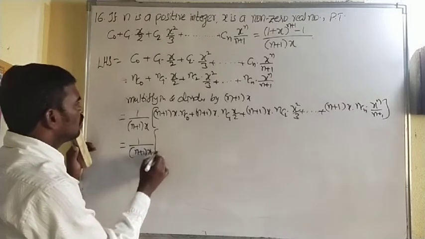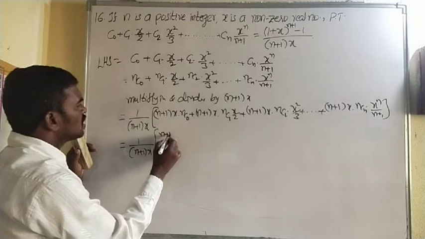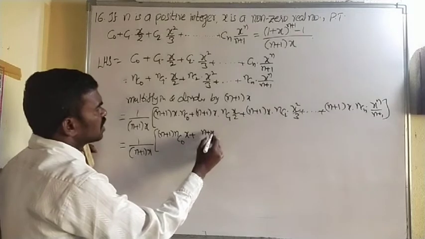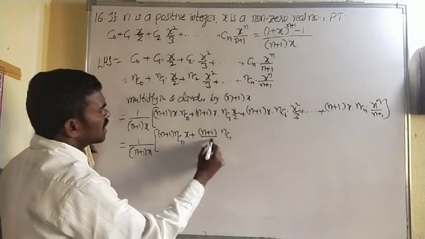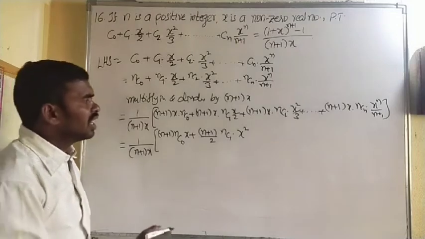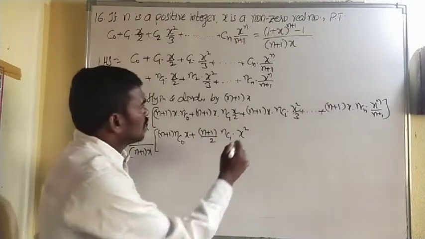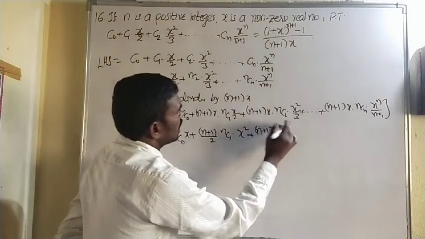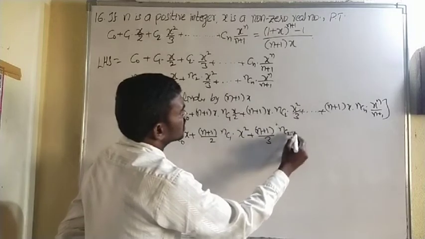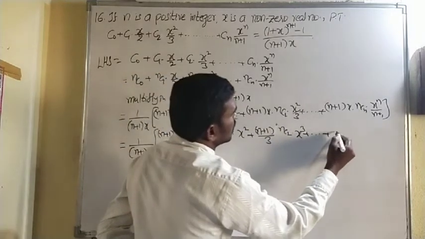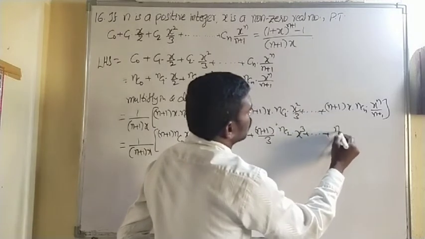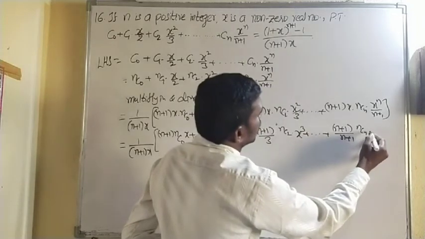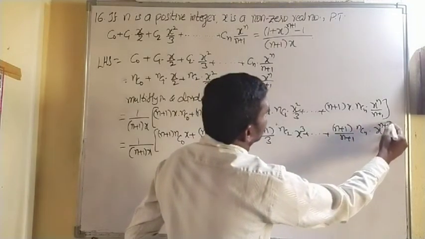Here it is (n plus 1) into nC0 into x, next (n plus 1) by 2 into nC1 into x square, next (n plus 1) by 3 into nC2 into x cube, so on, and finally (n plus 1) by (n plus 1) into nCn into x power n plus 1.